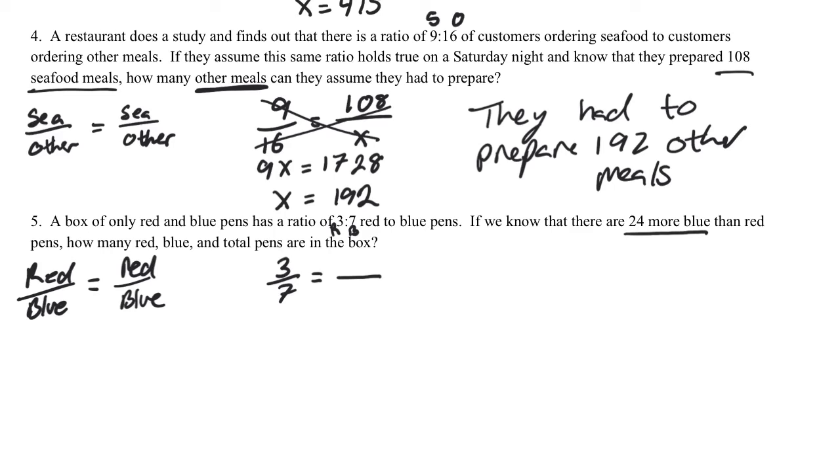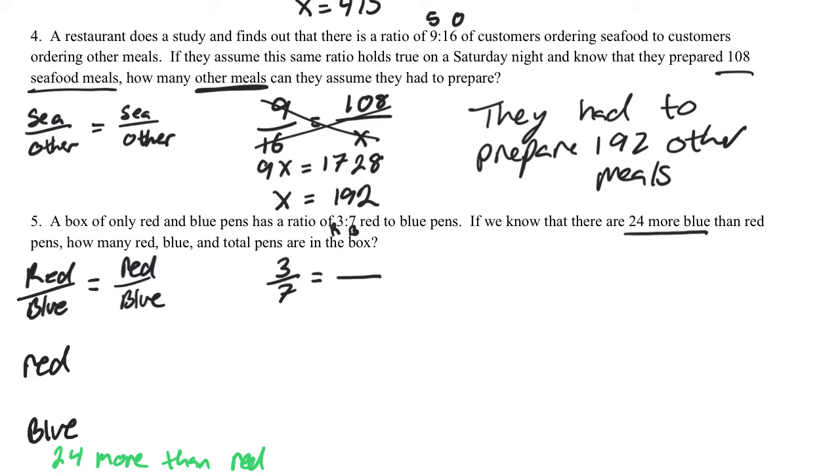So just like in a couple videos ago where we were looking at Jerry and Tim and their ages, I'm going to write out red and blue. And I'm going to say, okay, there are 24 more blue than red.